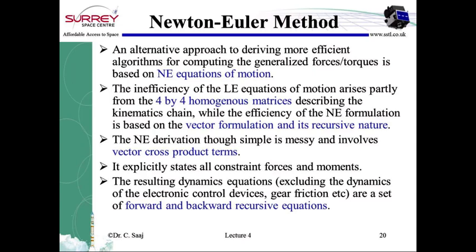So we can say that because the Newton-Euler method makes use of the recursive approach, it is computationally faster than the Lagrange-Euler method that makes use of matrix analysis. But of course, if you look at the details of the Newton-Euler method, the derivation as such is much more complex because we make use of vector cross products.